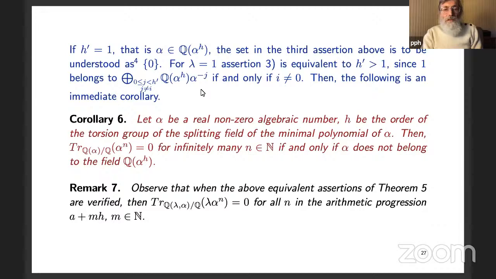Here we observe that something similar happens, but it is a little perturbed by the presence of lambda. That is, if the trace of lambda alpha^n is zero for infinitely many n, then actually it is 0 in an arithmetic progression of the shape a plus mh, h being the reason.